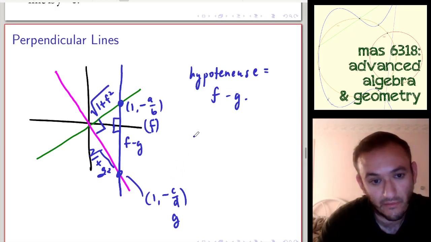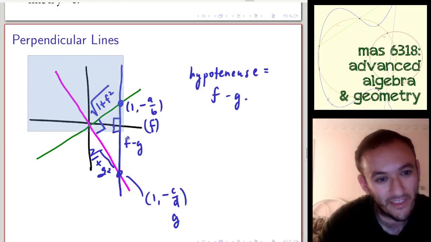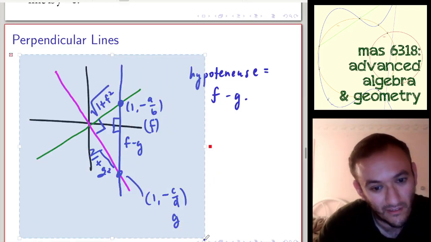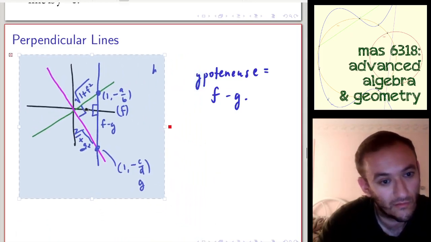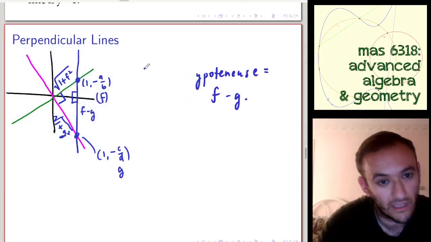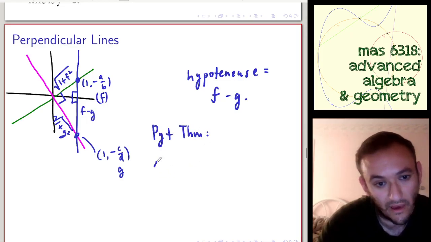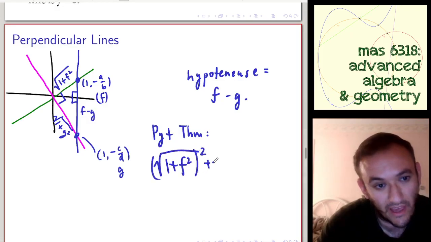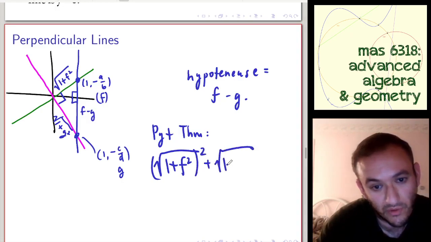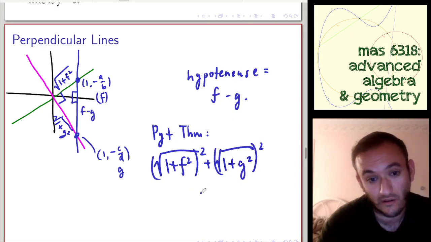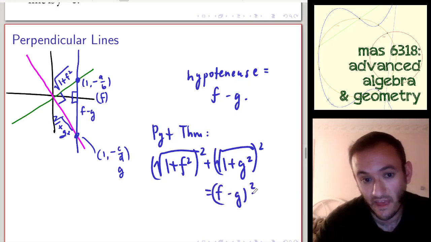So the Pythagorean theorem would indicate that if you have square root of 1 plus f squared, squared, and you add square root of 1 plus g squared, squared, then you should get f minus g squared, because that's the hypotenuse.